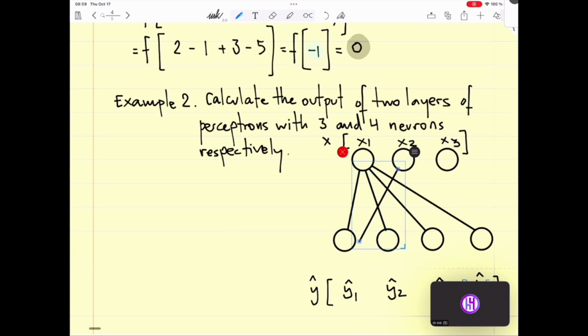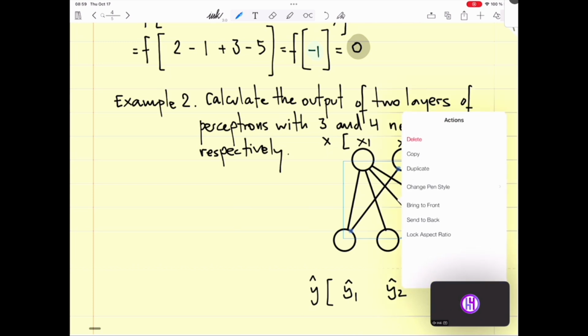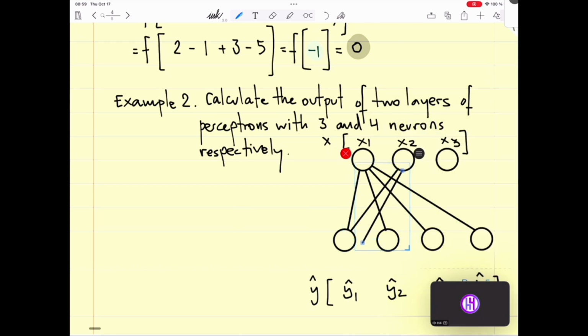And the same thing for all relationships throughout the layers.